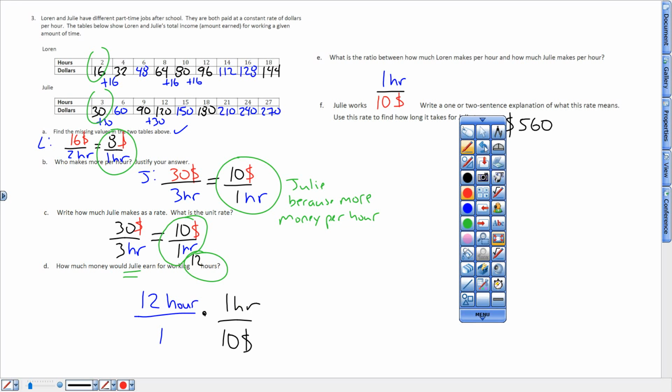I want to use, instead of 1 hour for every $10, the regular ratio, $10 for every 1 hour. And the reason I do that is my hour units will cancel. And all I got to do is multiply straight across. 12 times 10 gives me 120. I could put that over 1, but most people don't. It's just going to end up being $120.